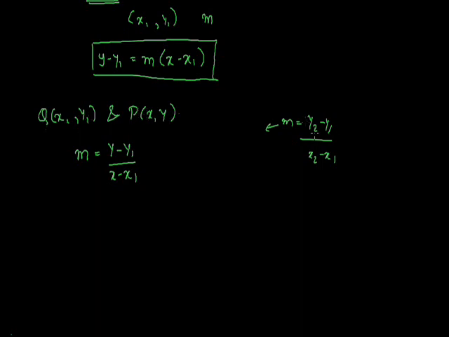I'll substitute y in place of y2 and x in place of x2, y1 and x1 as it is. So I'll get slope of the line is equal to y minus y1 upon x minus x1. I'll cross multiply it and I'll get the required form, which is y minus y1 is equal to m into x minus x1.